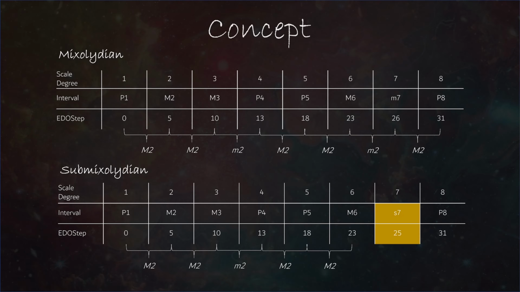From 5 to 6, we have another major second. And then from 6 to 7, we have a sub minor second. And from 7th to the octave, we have a super major second. So we have 4 different step sizes in the scale, so it is quite an uneven scale.